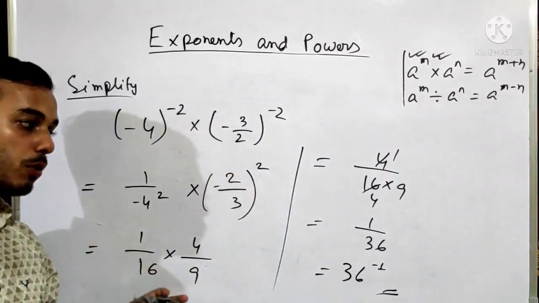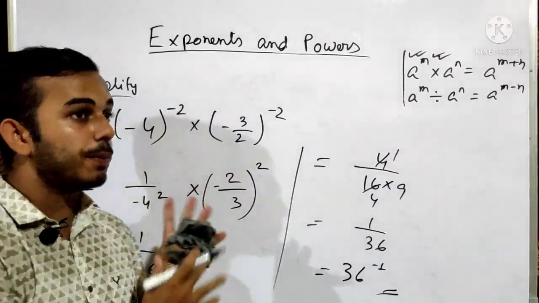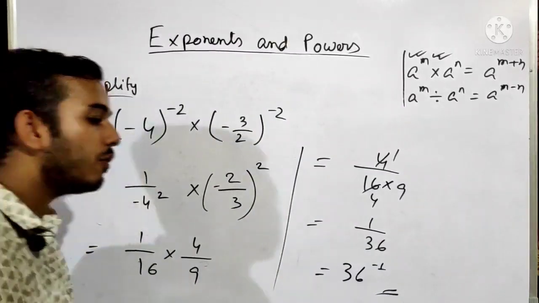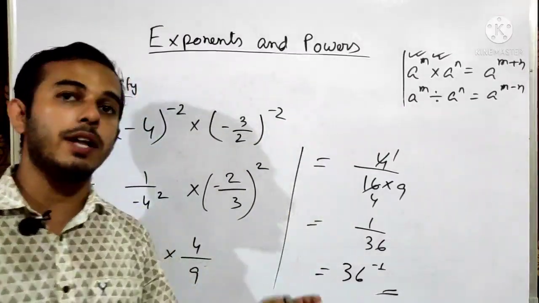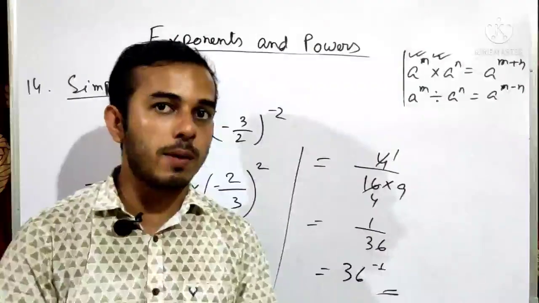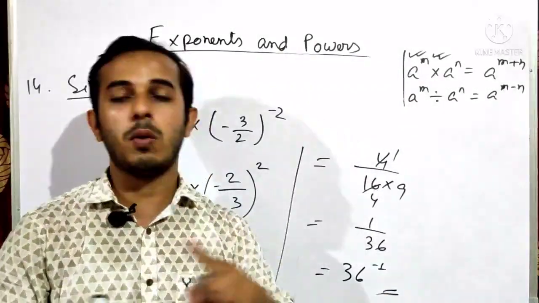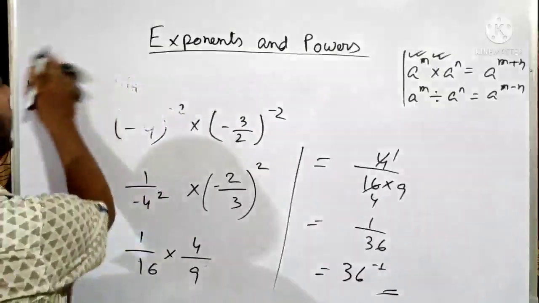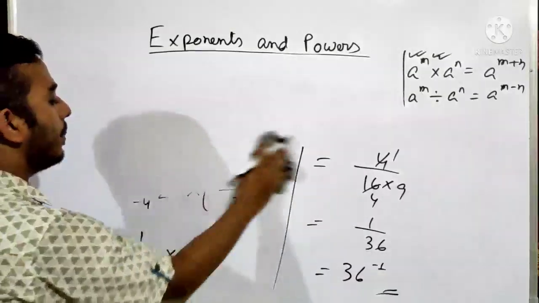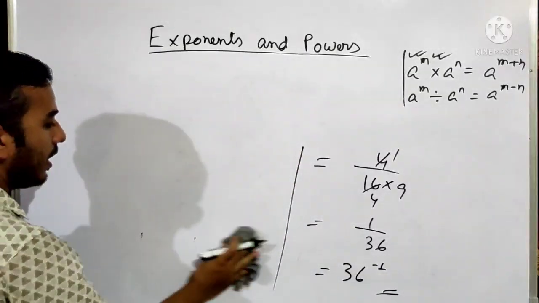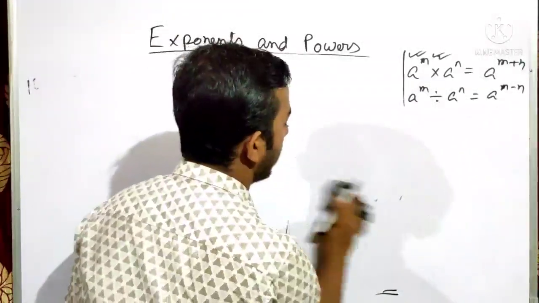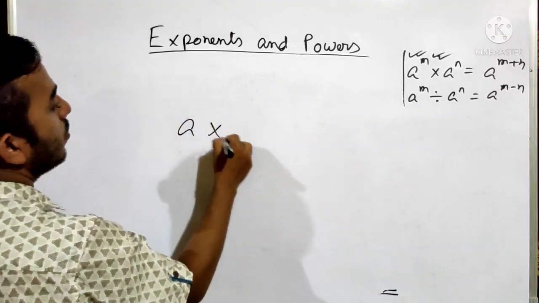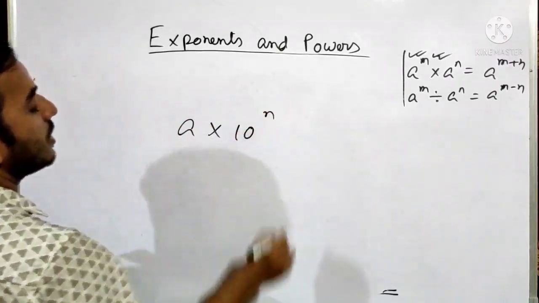Okay, so now let's move to the last concept of this chapter on exponents and powers, that is the standard form. What is the standard form? Exponential form was a to the power m, this was the exponential form. And standard form is a into 10 power n. If a number is expressed like this, that is a into 10 power n, this is known as standard form.